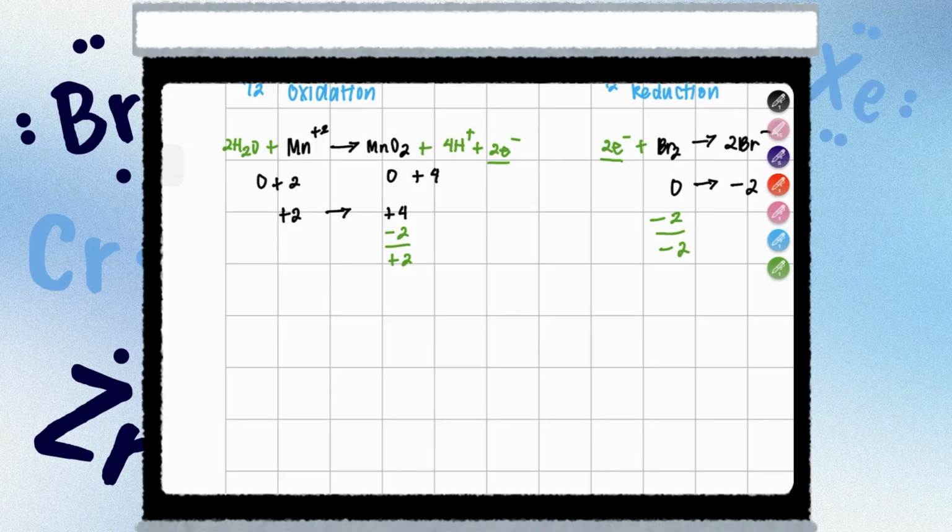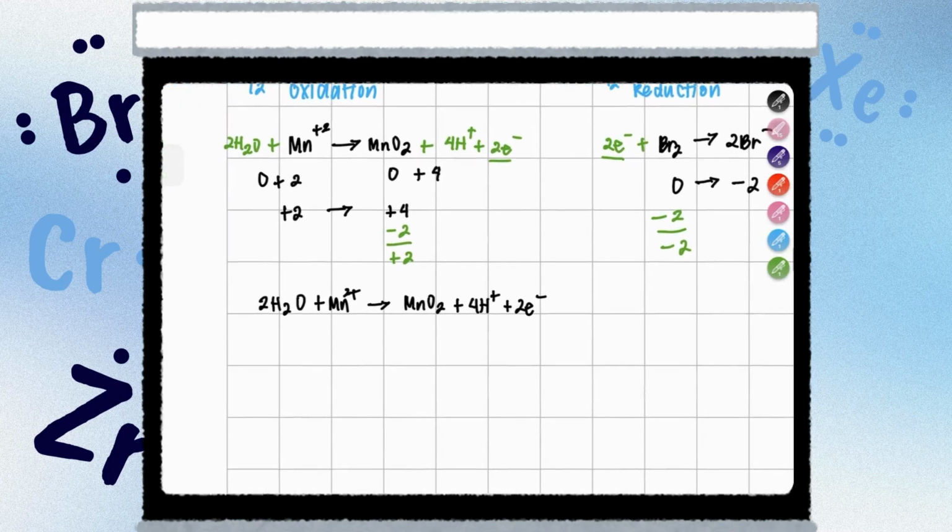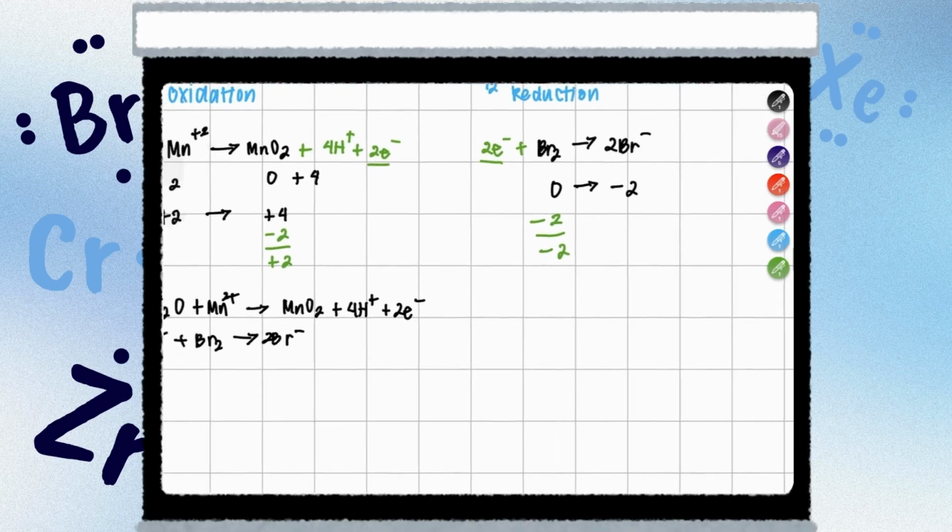So we have to write na lang 2H2O plus Mn plus 2, then MnO2 plus 4H plus 2 electrons. Then sa reduction natin, we have 2e minus plus Br2. Then 2Br minus. Ayun.